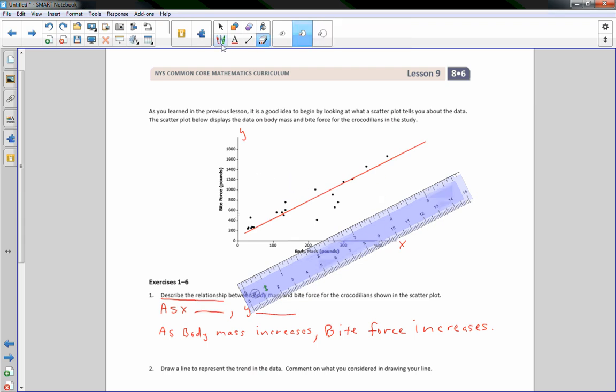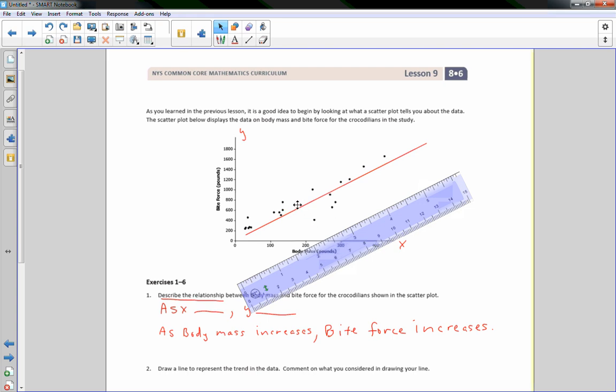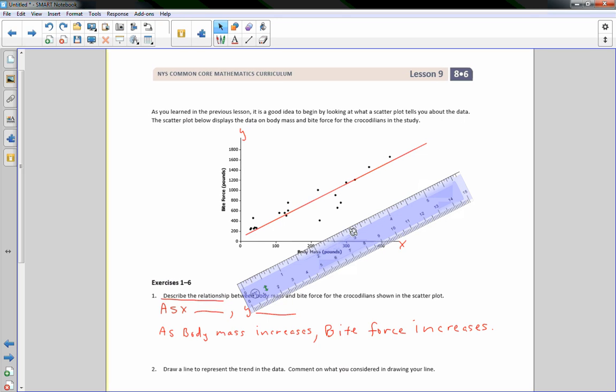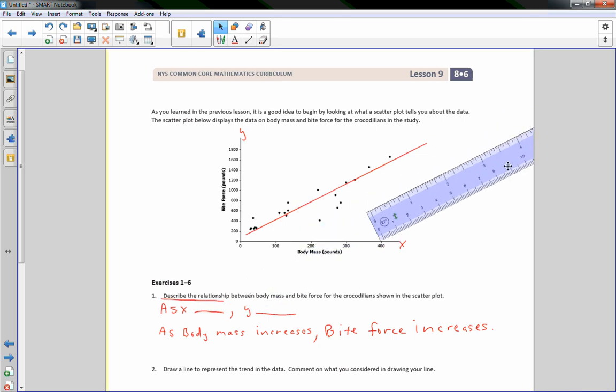Let me get rid of this red dot here. All this data, the distances are fairly close to the line that we draw. Actually that's not really a bad representation of our best fit line. I might move it down just a little bit, because these are quite a bit lower and could pull it down. Maybe something like that.